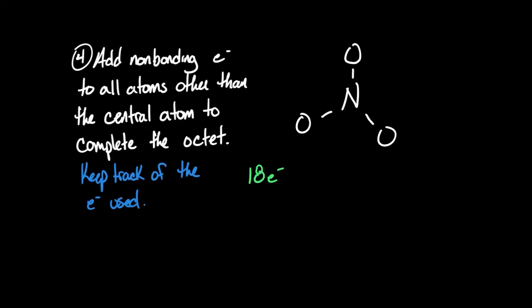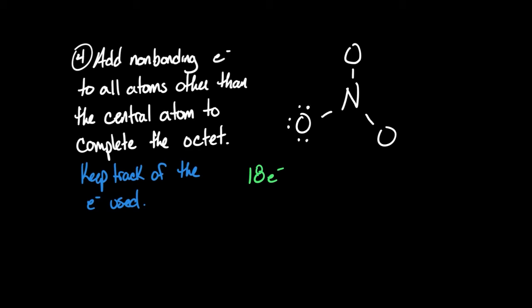In our 4th step, we're going to complete the octet for the oxygens. Each oxygen is identical in the structure. It has 2 electrons from the bond, so we're going to add 6 non-bonding electrons to each oxygen, and we're going to do that in 3 pairs of electrons. We add the dots to each oxygen here.